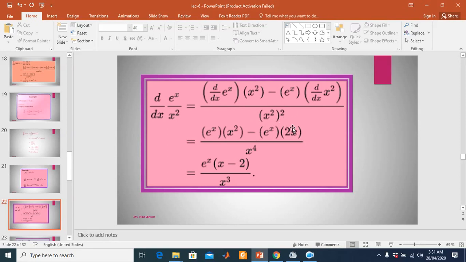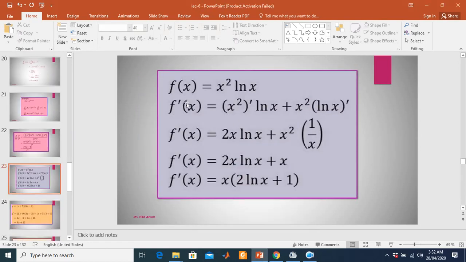The derivative of e to the x is e to the x. So e to the x times x square minus e to the x times the derivative 2x, over x square whole square equals x to the 4. Taking e to the x common, it becomes x minus 2 over x cube, because we are taking x in common, then x will be cancelled from numerator and denominator.